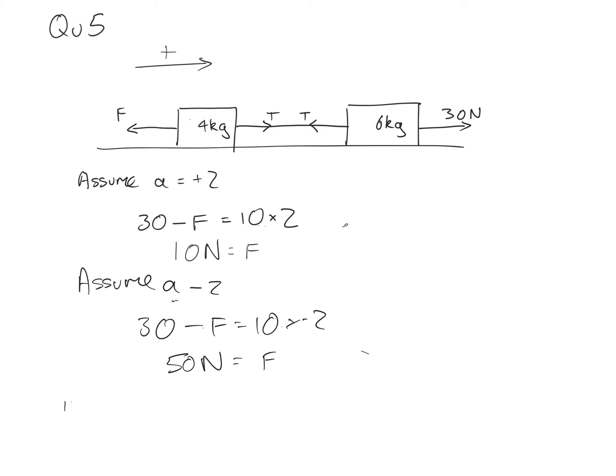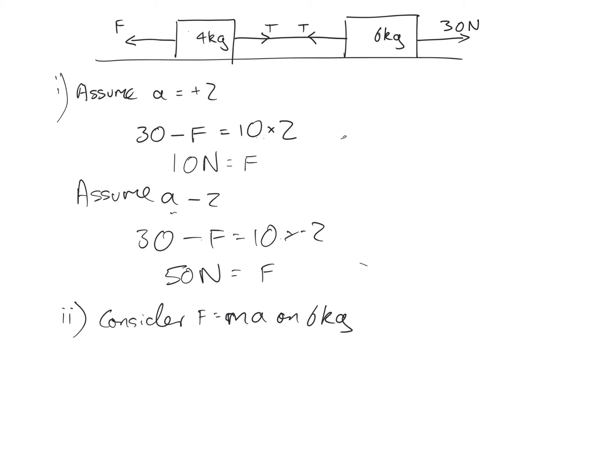So part 2 is the tension. Well, now we're going to consider F equals ma on the 6 kilogram. I'm going to do it on the 6 kilogram just in case I've made a mistake with my first ones.